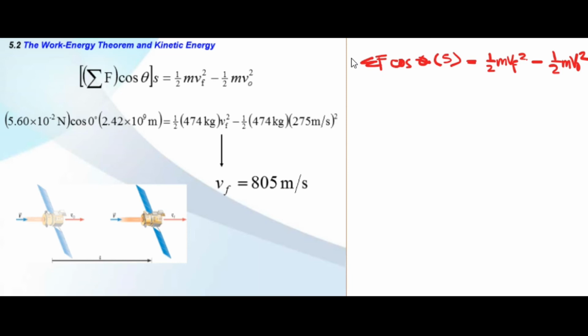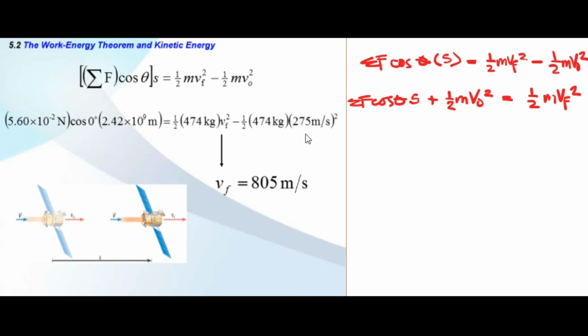If we substitute this to the other side of this equation, this initial, we will have summation of forces cosine theta times S plus 1 half m v initial squared is equal to 1 half m vf squared.